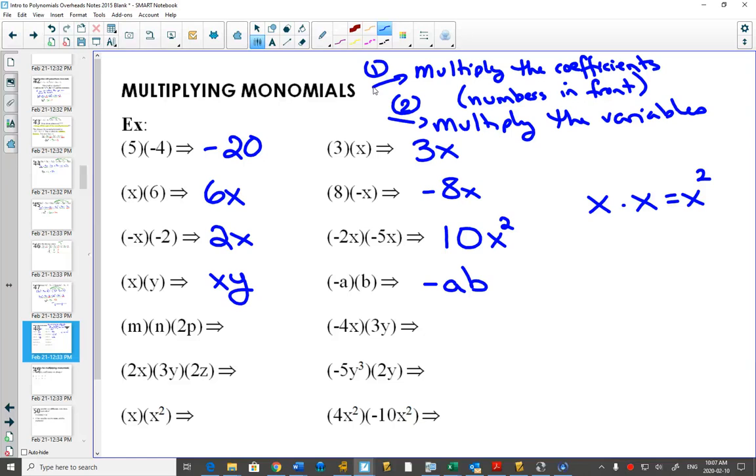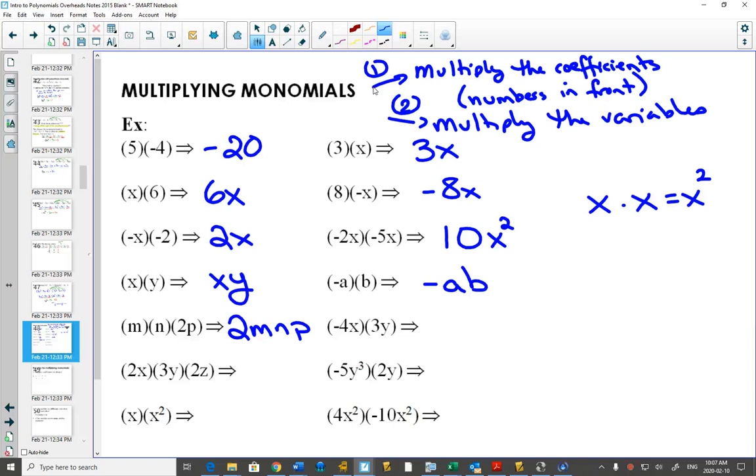Numbers in front, now we have 3 of them. We have a 2, a 1, and a 1. If you multiply 2 times 1 times 1, still 2. And then you multiply your variables, m, n, and p. Multiply your numbers.